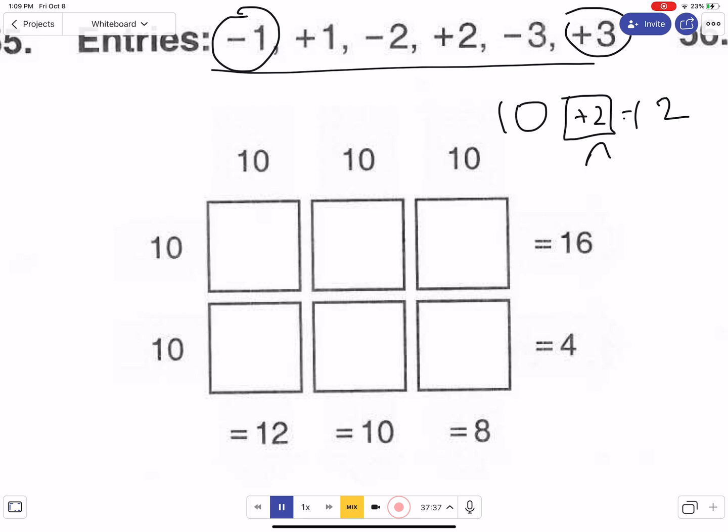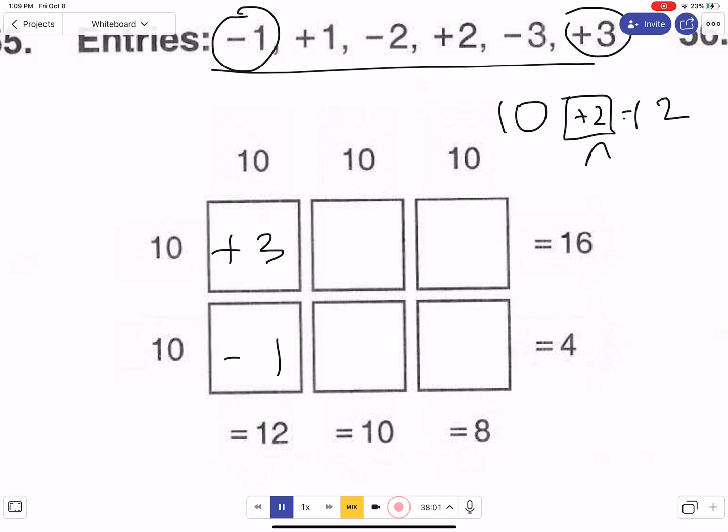No. So we can't put a plus 3 right there. The plus 3 would have to go up here, and minus 1 would have to go down here. Does that make sense? If you need to fact check and make sure that it makes sense, I'm just going kind of quickly because we're running out of time here. But take your time.